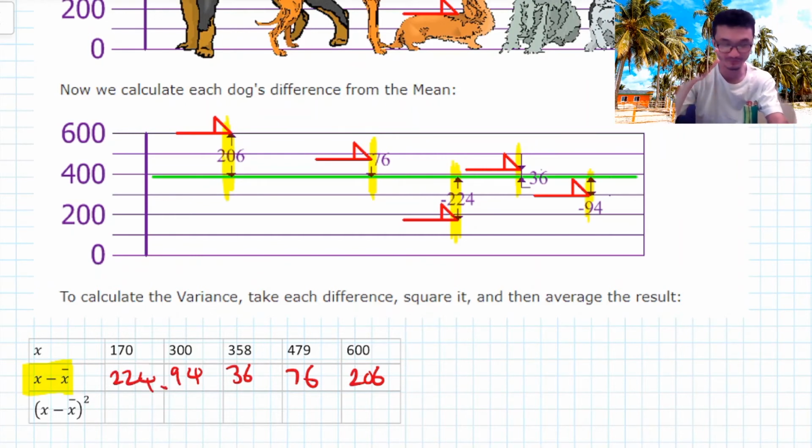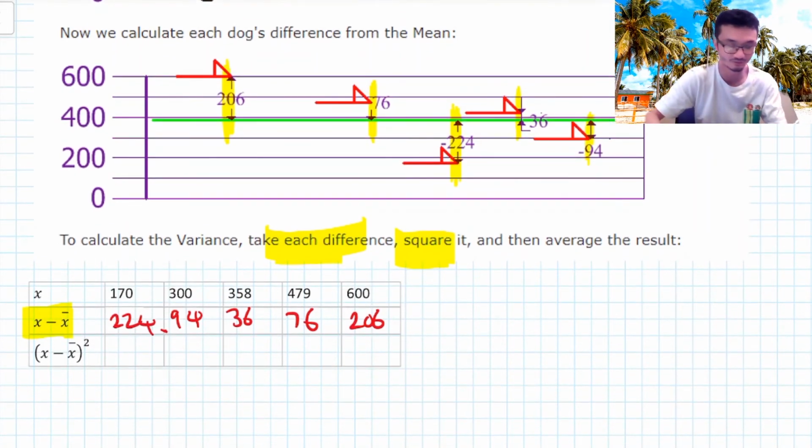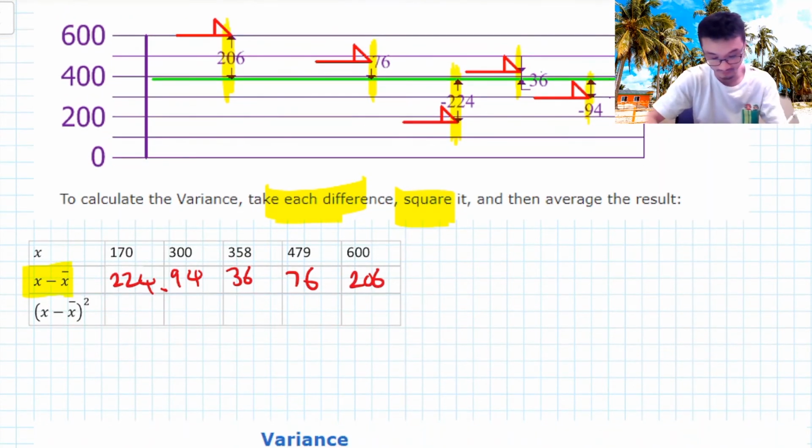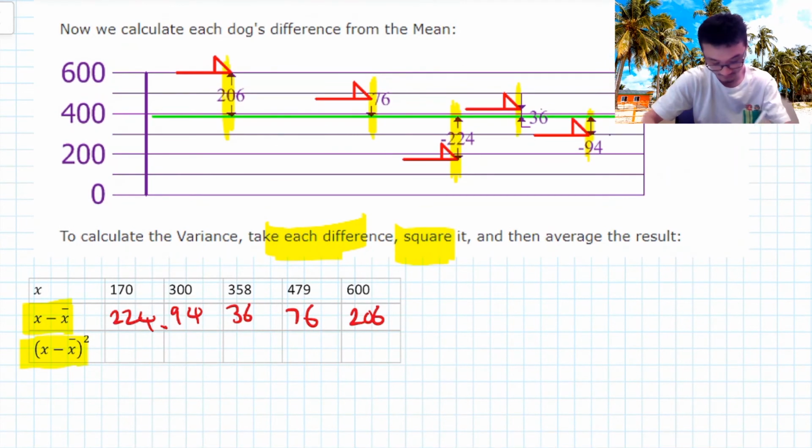Then once we've taken the difference, we're going to square it, okay? So that's the second or third row over here. We square these values, and that's the calculation they've done here. So we've got 206 squared, 76 squared, 36 squared, 94 squared, or the difference actually technically is negative, hey?